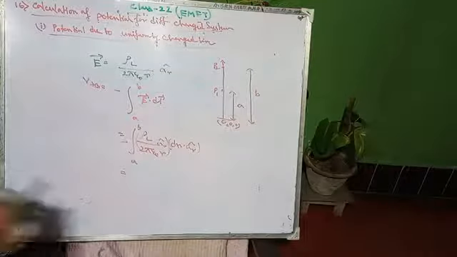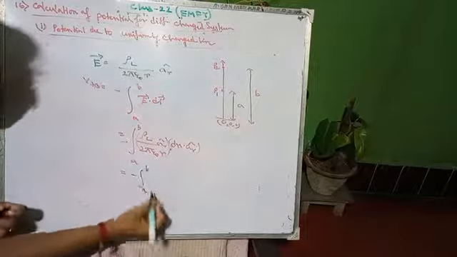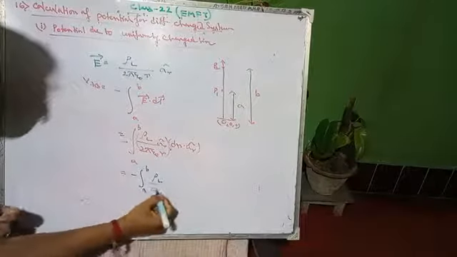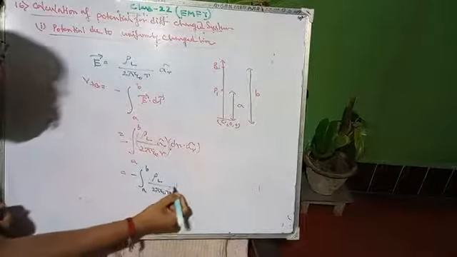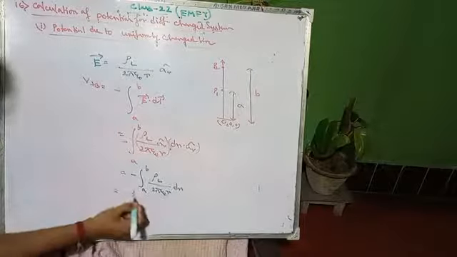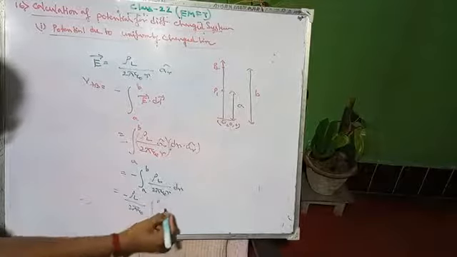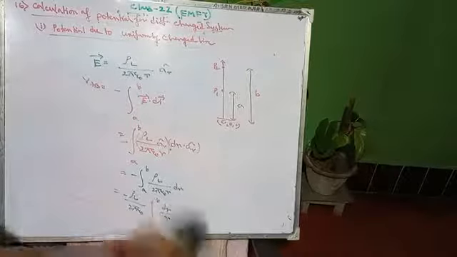After making this dot product, we have negative integral from A to B of rho L by 2 pi epsilon naught R dr. Taking negative rho L by 2 pi epsilon naught outside, we integrate dr by R from A to B.